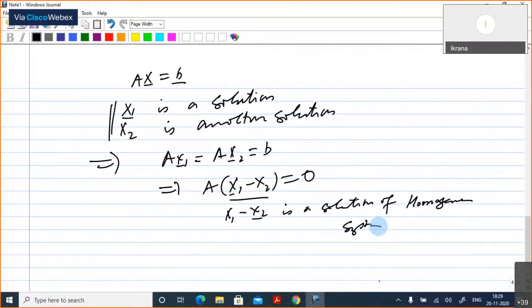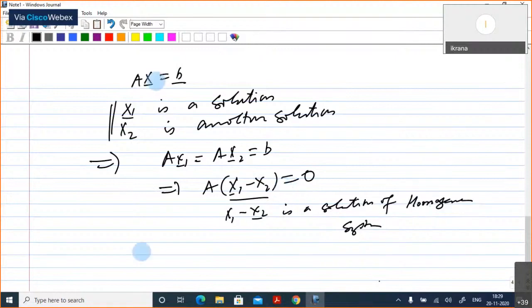Okay. So finding solutions of the non-homogeneous system is equivalent to finding all solutions of the homogeneous system, and one particular solution is good enough.